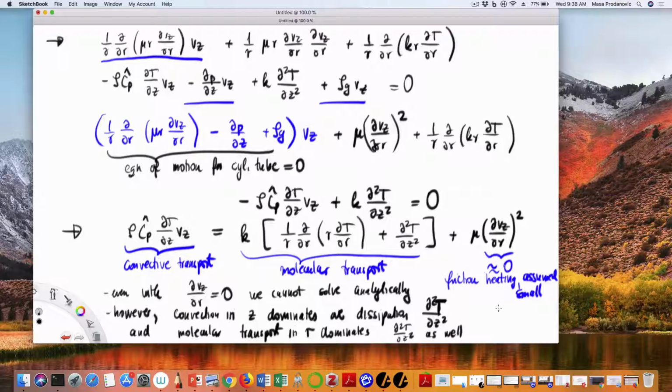So basically, assume, let me write that down, assume d squared T dz squared is approximately 0.